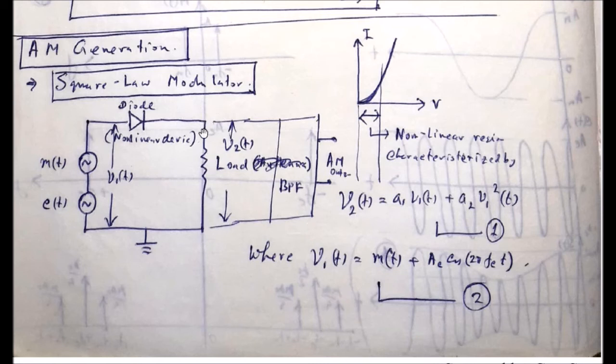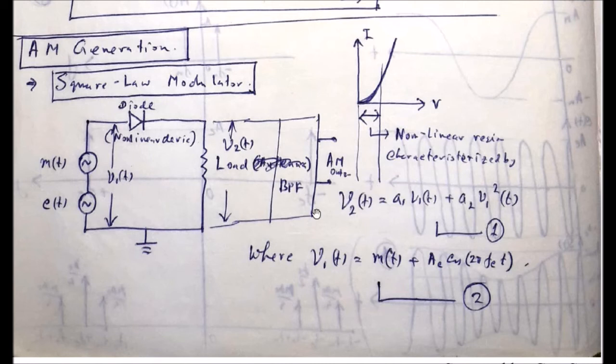The voltage drop across this load is considered as v2(t). v2(t) is the output of this circuit, and since this is a non-linear device, the output of the circuit can be represented as a square law of the input of the circuit, v1(t).